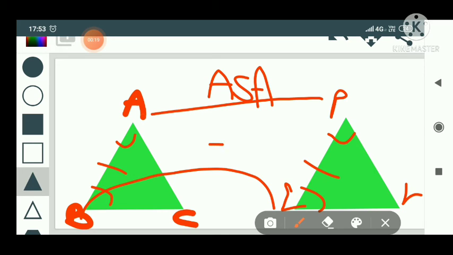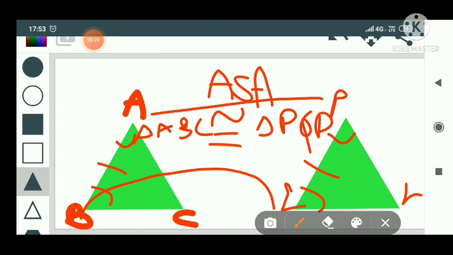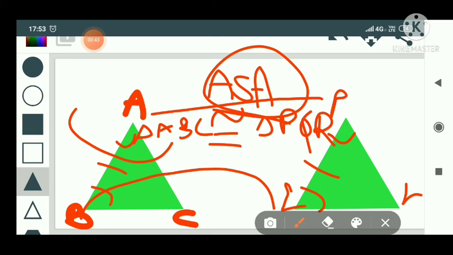So we say that triangle ABC is congruent to triangle PQR by ASA congruency. The side should be between the two angles. In this case, between angle A and angle B the side is there. So we completed ASA congruency.